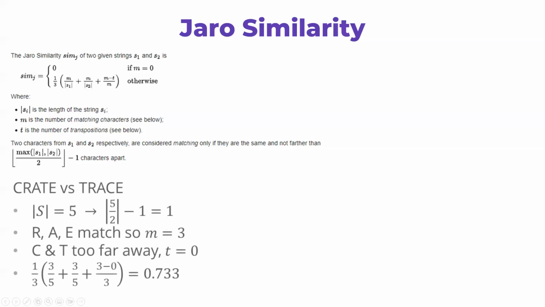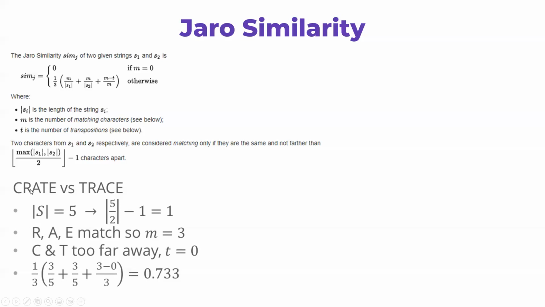So here we have 2 words, crate versus trace. Both words are 5 characters long, which means we have 5 over 2 minus 1 equals 1 is the maximum amount of differences that we can have to consider two characters as matching.